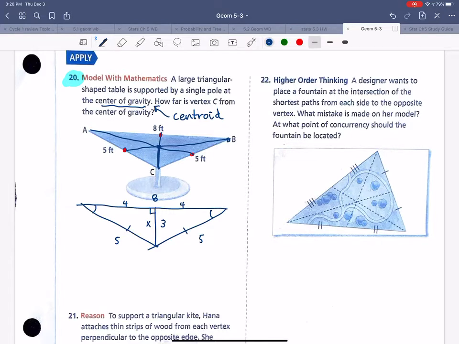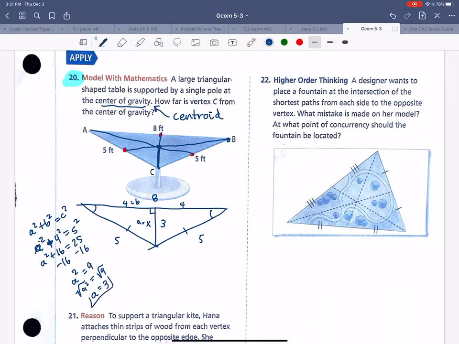So if I don't know that length, I can call it x or a, right? And a squared plus b squared, 4 squared, would equal 5, c squared. So doing a little algebra here, we get 9.